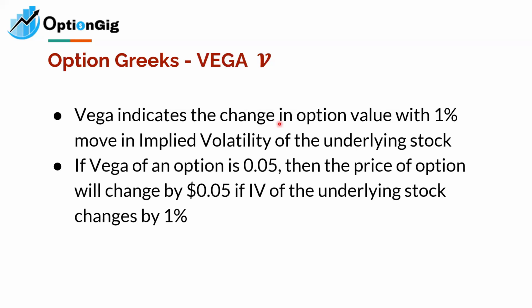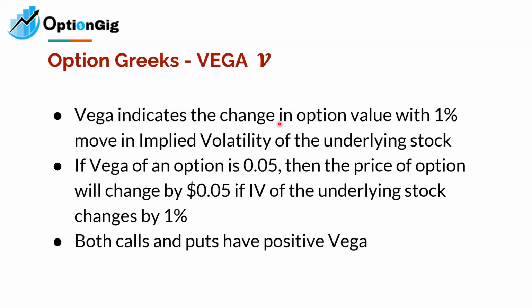If Vega of an option is 0.05, then the price of the option will change by 0.05 if volatility changes by 1%. Both calls and puts have positive Vega. If volatility goes higher, the option premium goes higher.